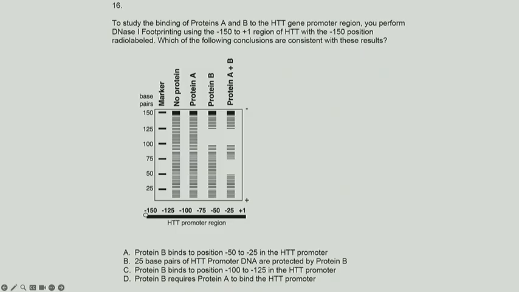And then if you look at a protein that's binding, and remember, your radiolabel is at one end, if you have a protein binding here, you're still going to get these cuts and these cuts. So you're still going to get 1, 2, 3, 4, 5, all these short cuts. You're going to be missing a longer cut if it's binding towards the end. If it's binding towards the beginning, you'll get longer cuts still, but you'll be missing shorter cuts.